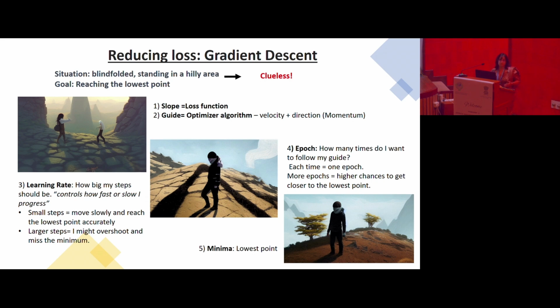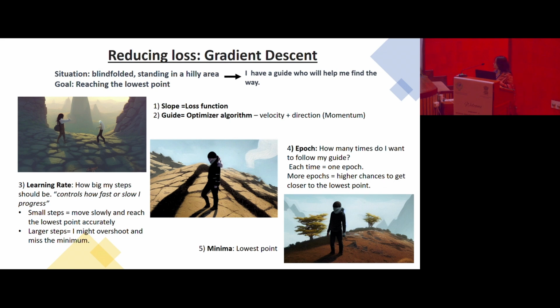I'm clueless because I am blindfolded, I don't know what to do, I'm hopeless. But now somebody tells me, okay, I will provide you a guide which will help me reach the lowest point. This situation is exactly what we are learning, that is gradient descent. How? The slope of the hill is actually the loss function which we have.